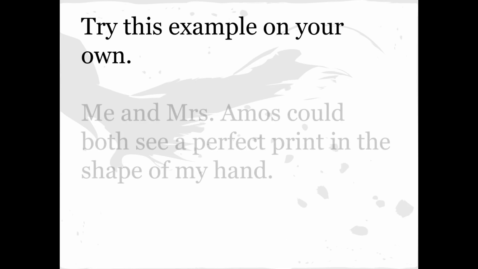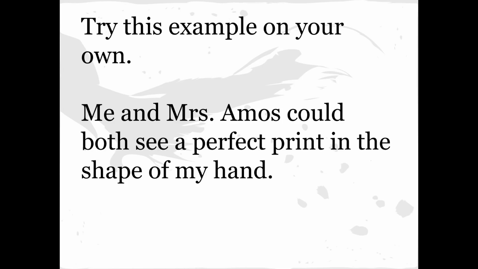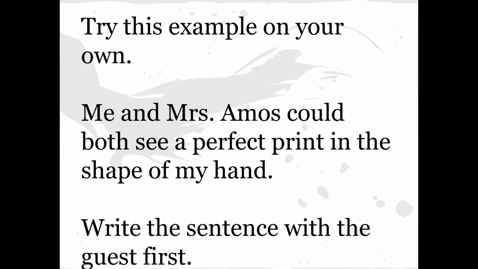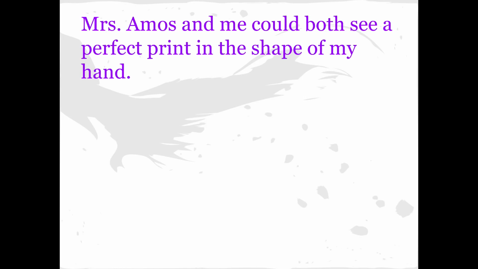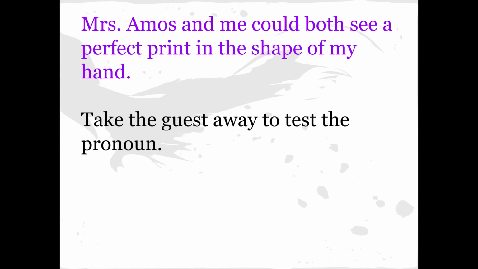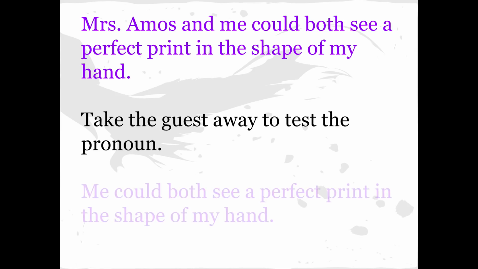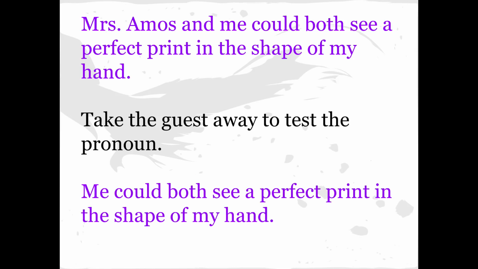Try this example on your own. "Me and Mrs. Amos could both see a perfect print in the shape of my hand." We'll go through the steps together. So write the sentence with the guest first. "Mrs. Amos and me could both see a perfect print in the shape of my hand." Now we take the guest away to test the pronoun. "Me could see a perfect print in the shape of my hand."